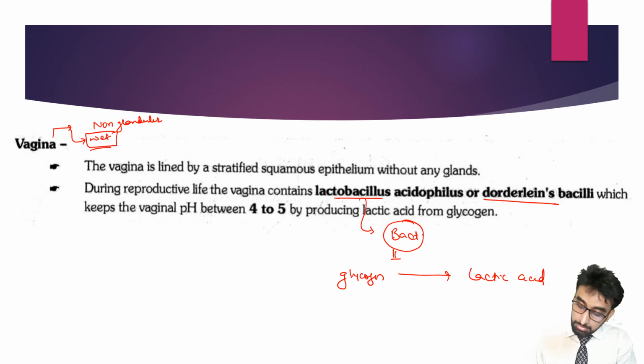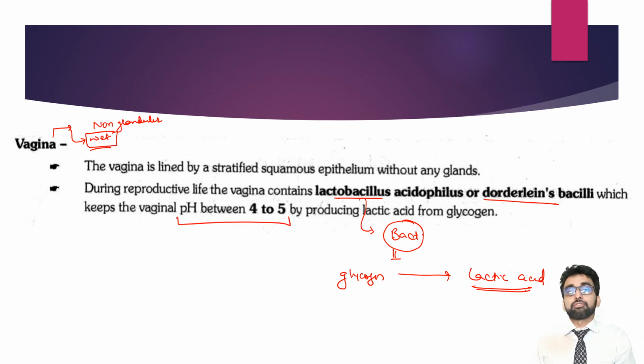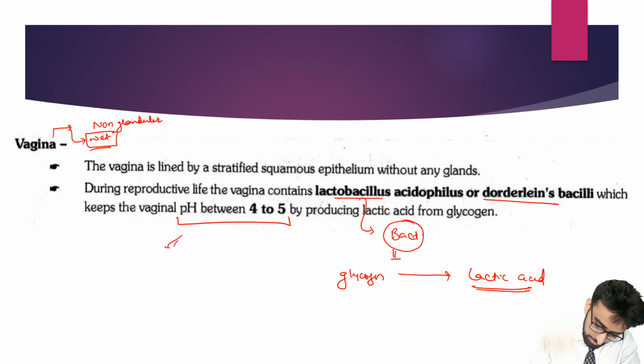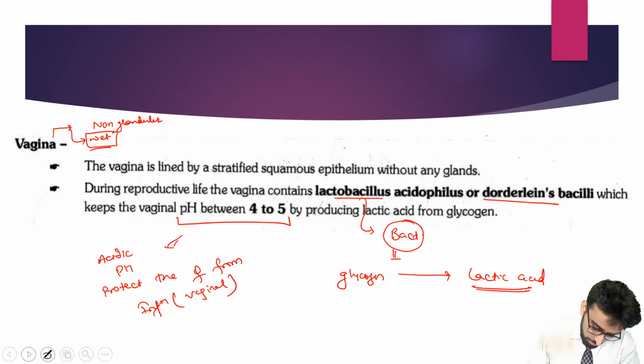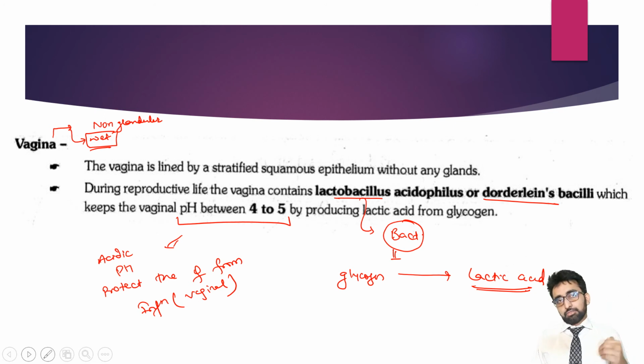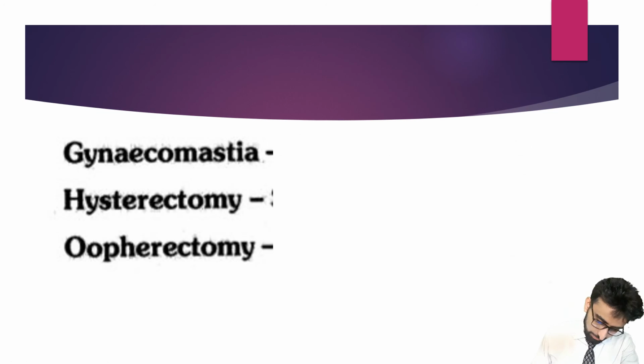And one more thing, this lactic acid is the cause by which the pH of the vagina is between 4 to 5, and this acidic pH is very important because it protects the female from vaginal infection, or any pathogen which can enter and infect the uterus.